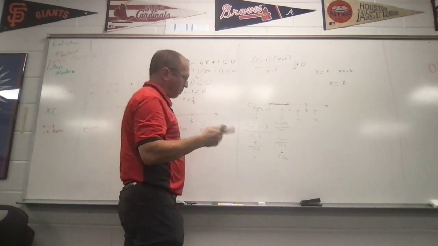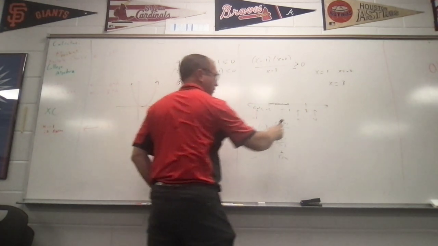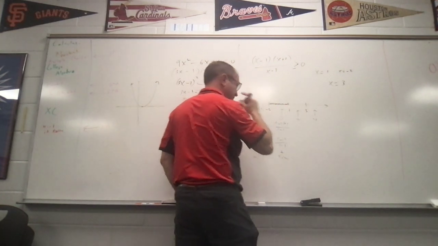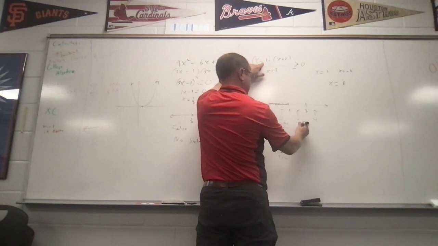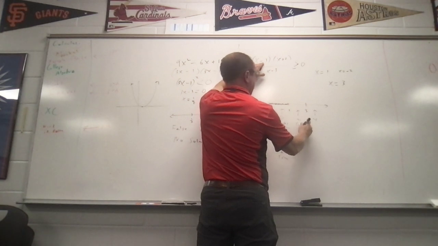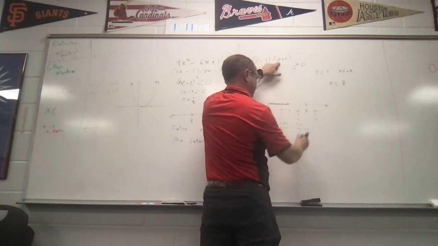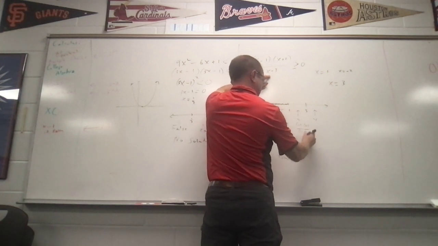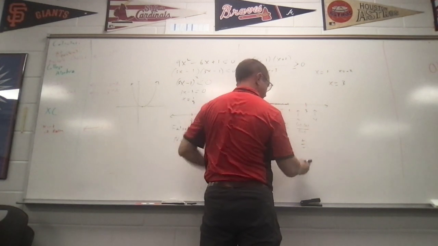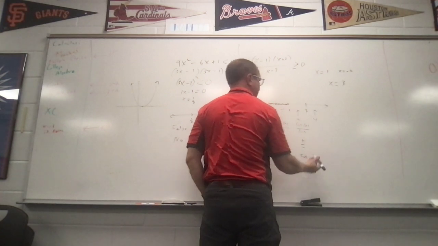Okay. Now, hopefully, 2 will give me false, but let's just check. All right, 2 minus 1, which is positive. 2 plus 2. 2 minus 3. Okay, so I have a positive divided by negative. So it's false, right?